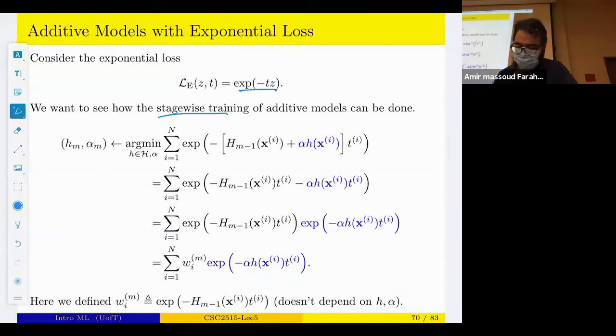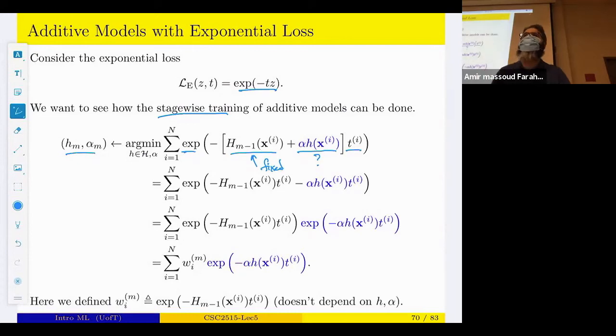We want to find at the mth stage, h_m and alpha_m that minimize the exponential loss of minus h_{m-1} of x_i plus alpha h of x_i. So alpha h is the part that is not fixed and is optimized. The h_{m-1} part is fixed. This is what we want to find. And then we are multiplying by the target because of the additive loss. So that's what we have.